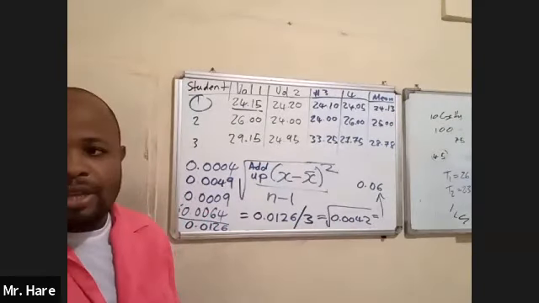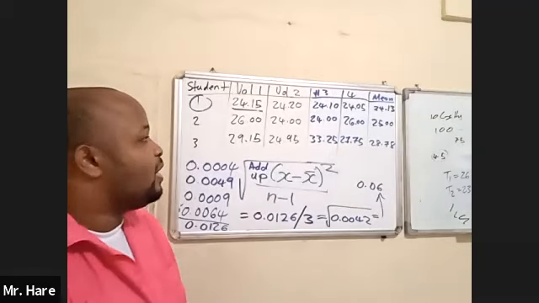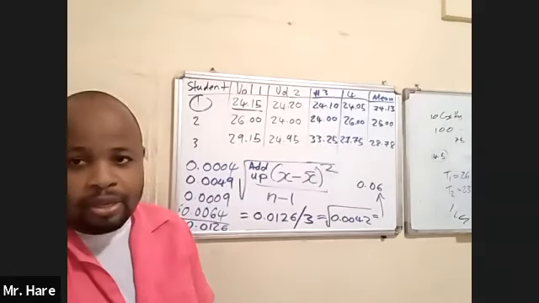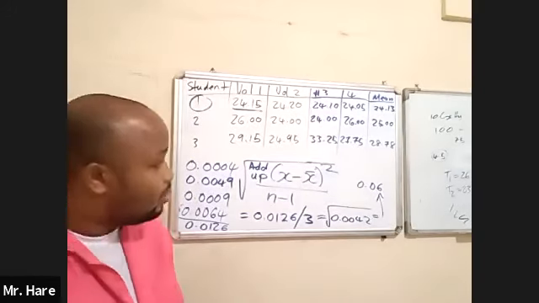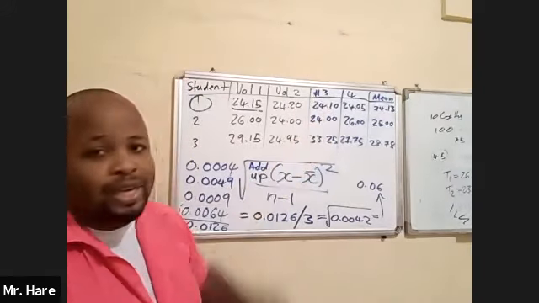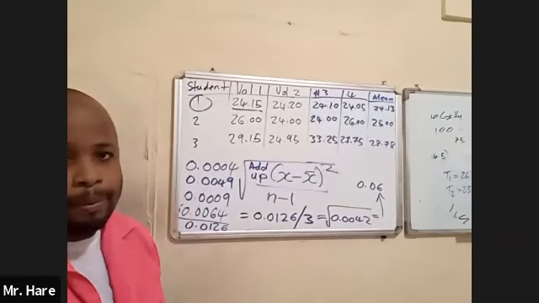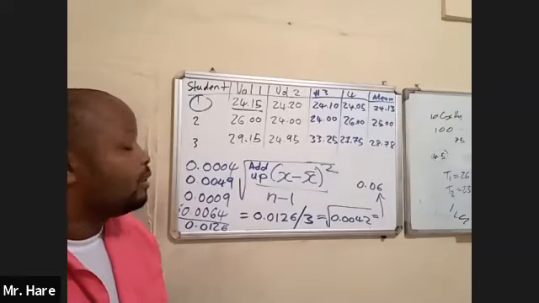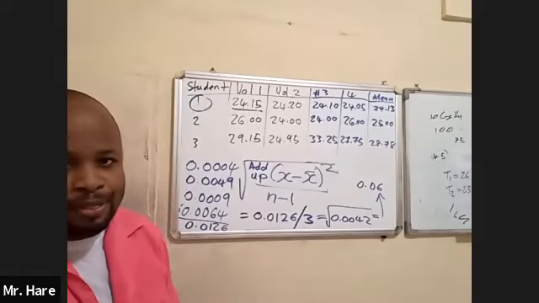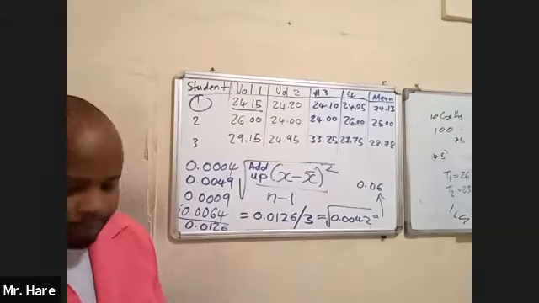That is correct. If they did not give you the mean, the first calculation you would have to do is to calculate the mean. The mean will be the average of the 4 values. That is correct. The mean is the average.